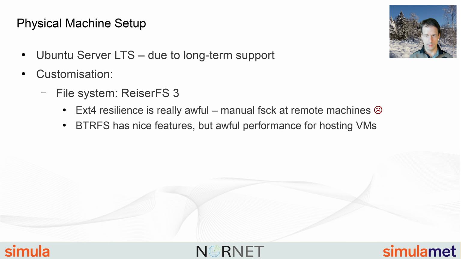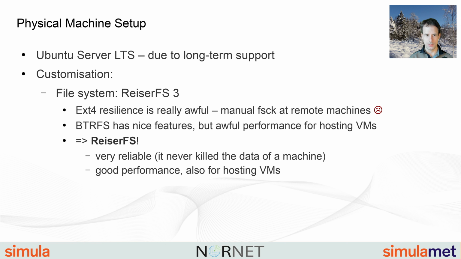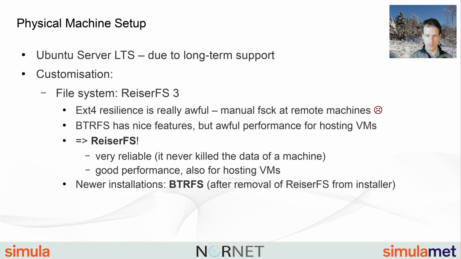So it was a bit unfortunate that it was finally removed from the Ubuntu installer. At the beginning of our NorNet project, BTRFS was already there, but of course it was not in a really stable state, missing, for example, the possibility to do a file system check and such. Well, so therefore ReiserFS, which showed quite good performance and was quite reliable.